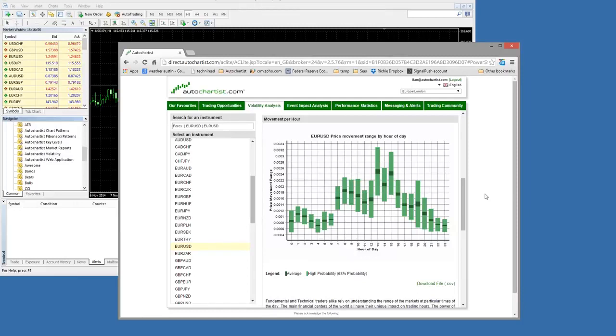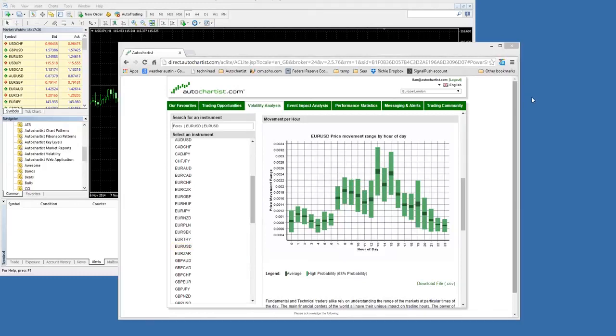So you have the hours of the day at the bottom there. What are those hours of the day? How does Autochartist put that on your web platform, as opposed to someone in the USA or Japan? Would their hours be different? Okay. So you're asking me a time zone question, if I'm understanding correctly. Yes, time zone. Sorry, Errol, I missed that. Is that correct? A time zone question?